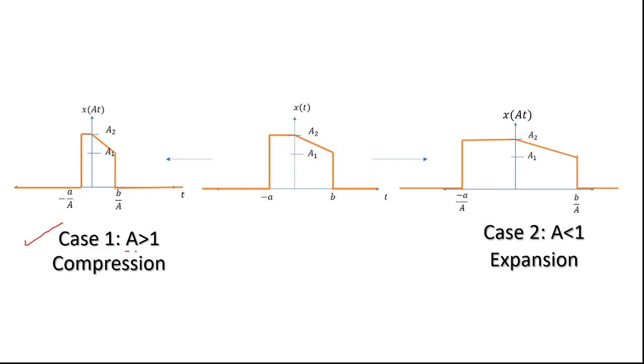So we can see if the scaling factor has a value greater than 1, then the signal compresses, and if the scaling factor is less than 1, then the signal does horizontal expansion. Again we can see there are no vertical changes occurring, all the compression and expansion is done horizontally along the time axis, because this is a transformation with respect to time.